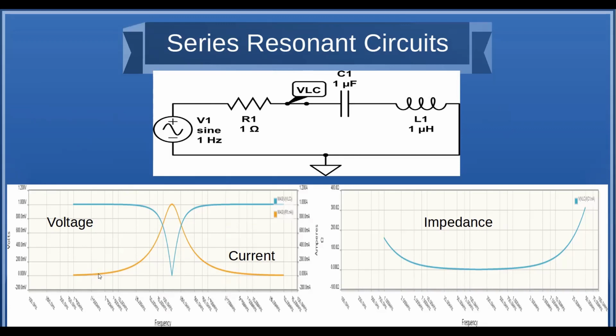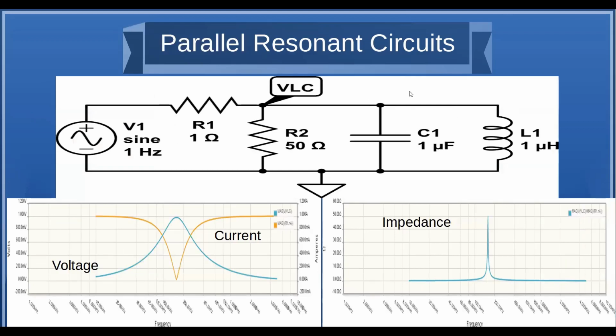And the current goes from basically 0 up to its maximum value, limited by this resistor and the amount of voltage. And over here is a plot of the impedance, if you calculate it, and this is just 1 divided by the other. So you can see that the impedance goes down to 0 at the point where it's resonant. It's kind of hard to see on that one.